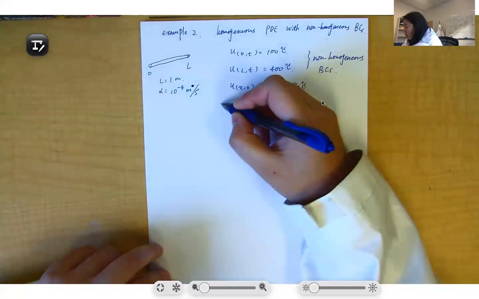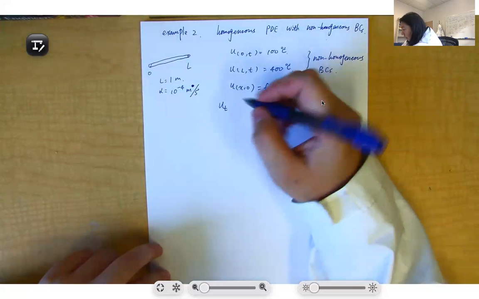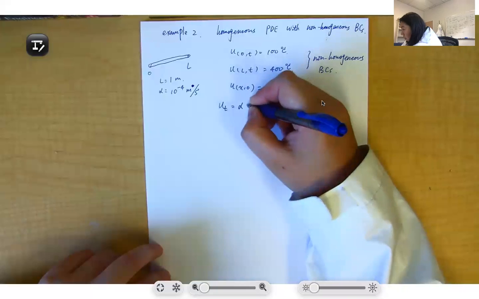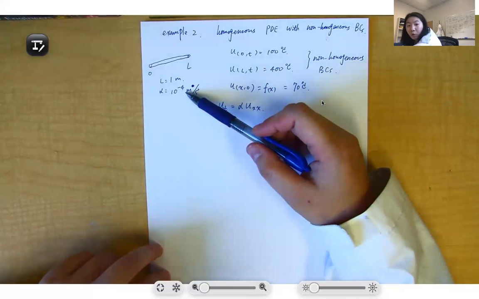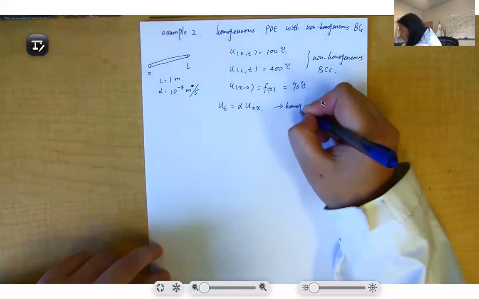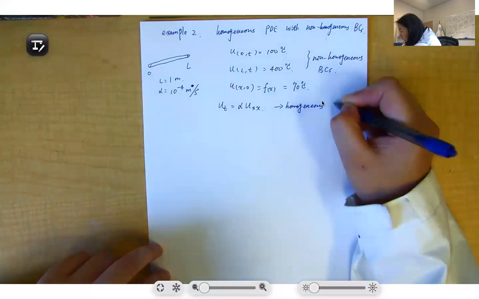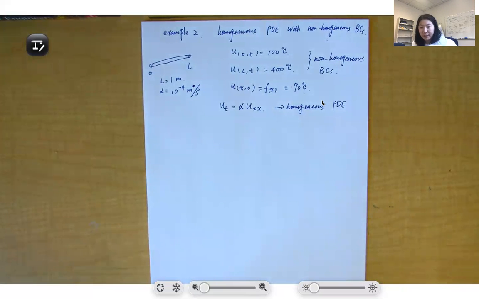And we also know that our heat equation in the 1D format is u_t equals alpha u_xx, where this alpha is the effective thermal conductivity, and this is a homogeneous PDE. And remember the assumptions when we derive this homogeneous PDE: there is no heat source, so the Q part equals 0 for the heat generation or source term.